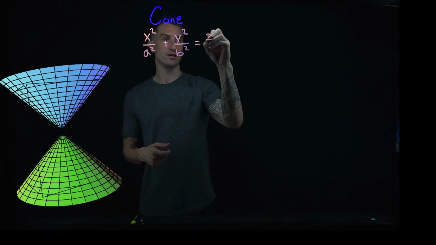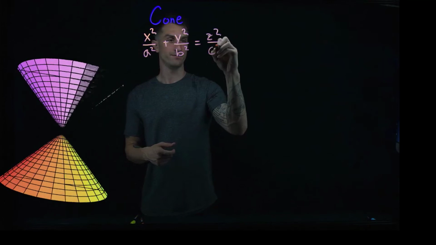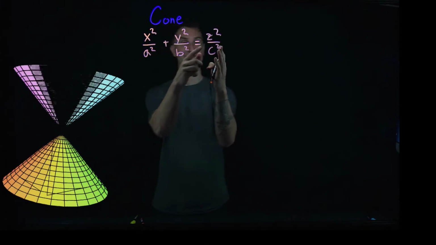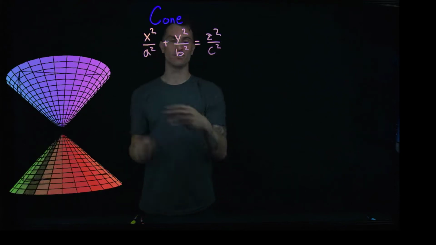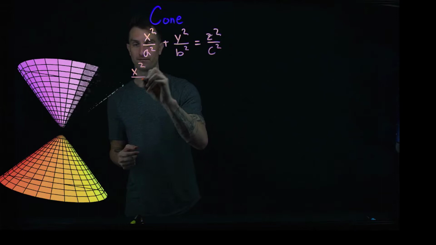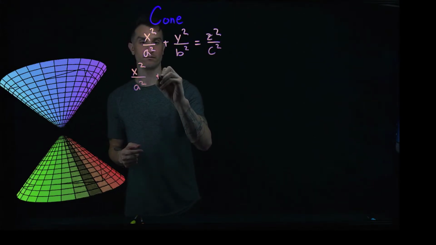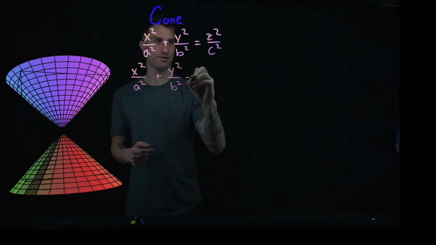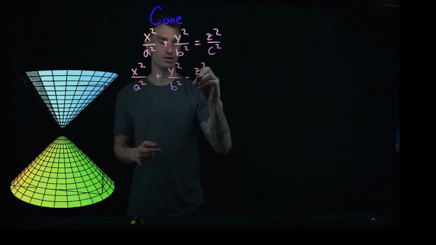This is one possibility. The other possibility is I might take this z squared and move it to the other side and have it equal to 0. Either way is fine. Either of these is a very common way to see a cone written.